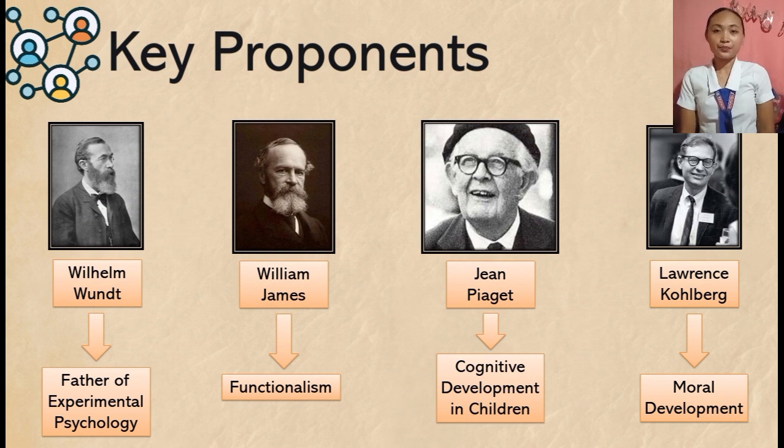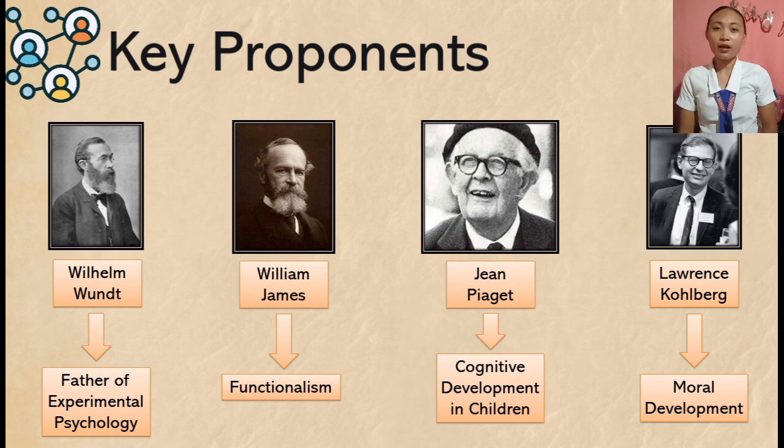Lawrence Kohlberg. Moral development. Kohlberg built on Piaget's work and studies how people develop their sense of right and wrong. He found that people go through different stages of moral reasoning as they mature. Kohlberg's theory can help us understand why people make the choices they do, especially when it comes to ethical dilemmas.